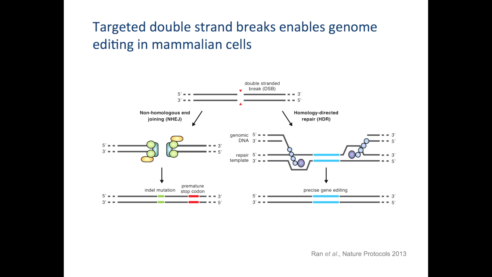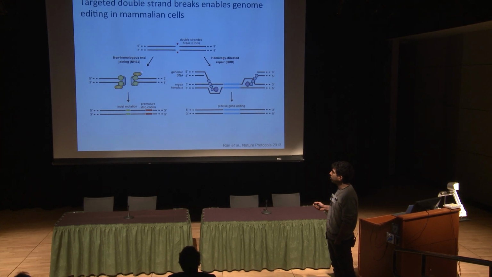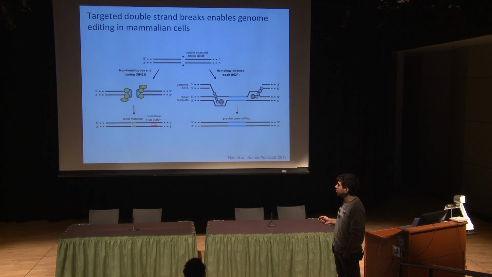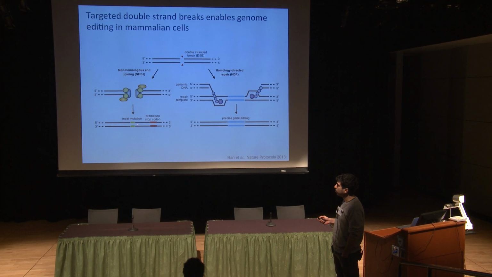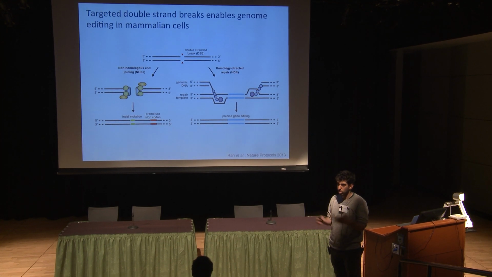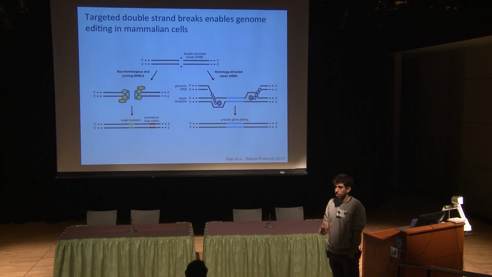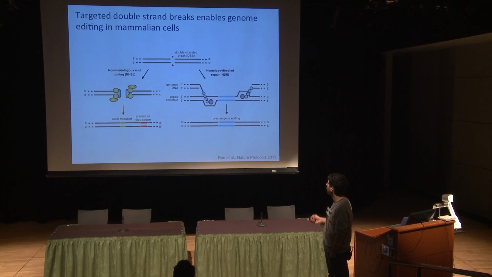And because non-homologous repair is error-prone, you get an indel mutation that introduces a frame shift. A frame shift usually will introduce at some point a premature stop codon, and then this gene will not be active due to NMD and other quality control mechanisms of the nucleus.